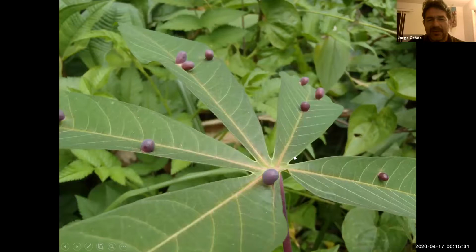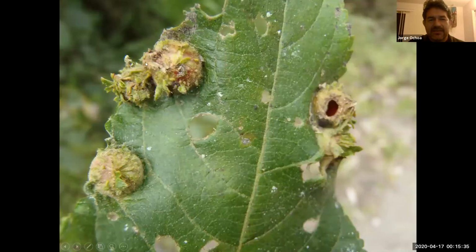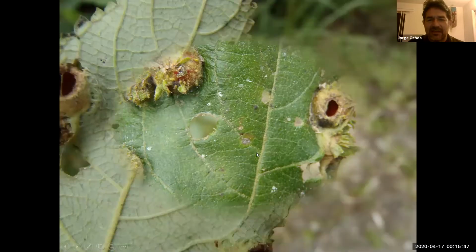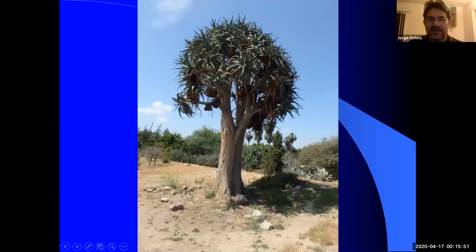And here's some more right here. And there's some more galls. And so here's a nice gall on the top side. And here's one where there is a hole now, so that organism, that insect, happens to now be out, and it's an adult. And here's the hole where it chewed its way out to freedom.